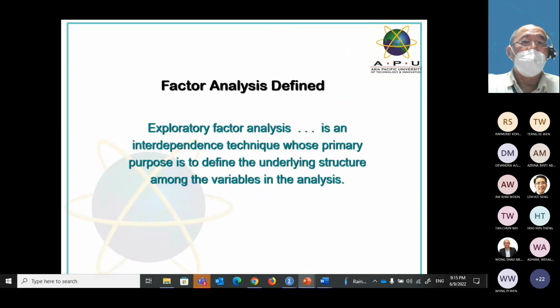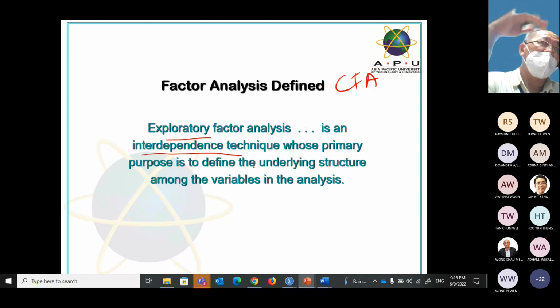So now we see EFA. As I mentioned just now, we see EFA in this chapter, and then CFA will be in the last chapter. It's an interdependence technique, meaning all the variables have the same status, unlike multiple linear regression.